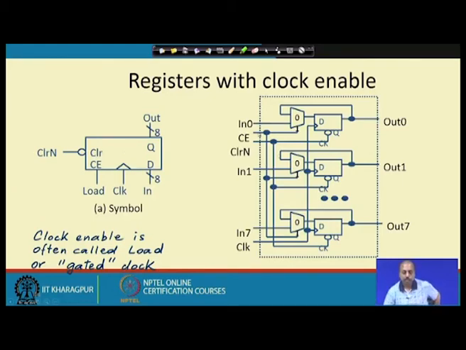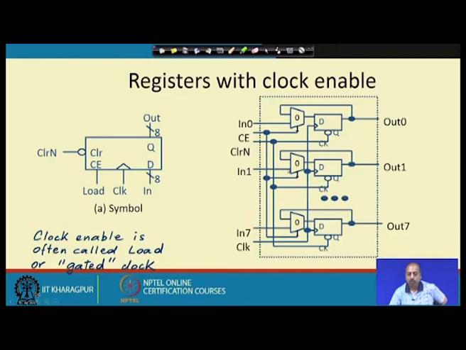You see, if the clock enable line is equal to 0, then whatever is output out 0 is circulated back into the D flip flop. So, for loading something onto this D flip flop, I must make this CE line equal to 1, or the load line equal to 1. Then input IN 0 will be stored into this D flip flop.